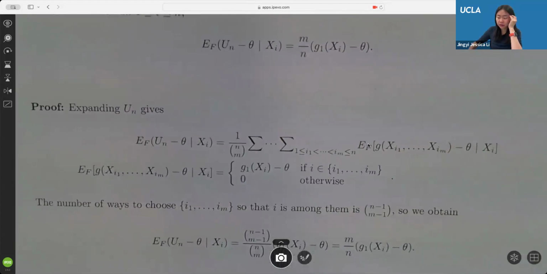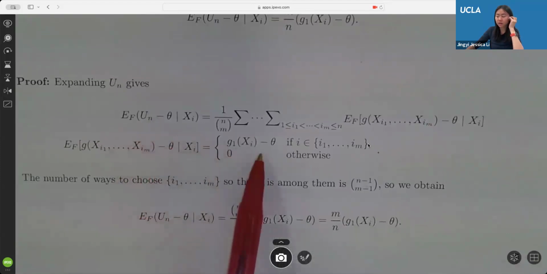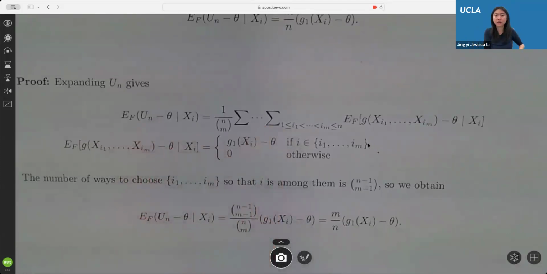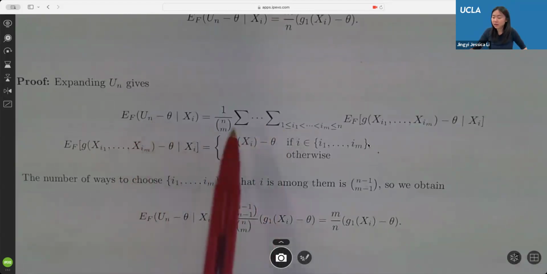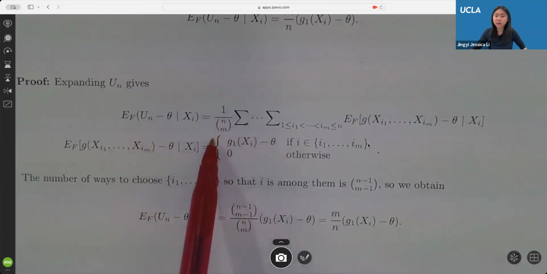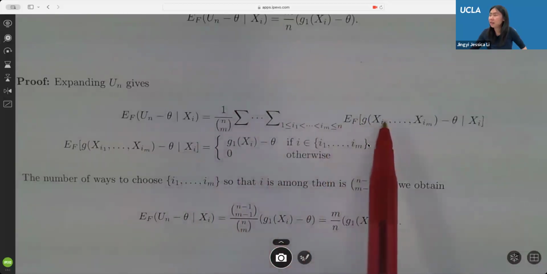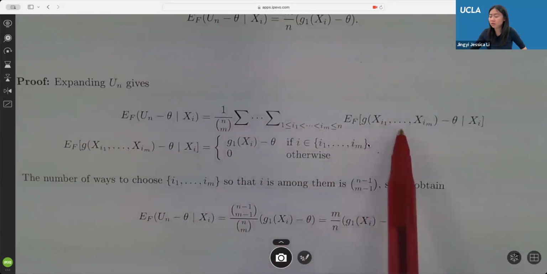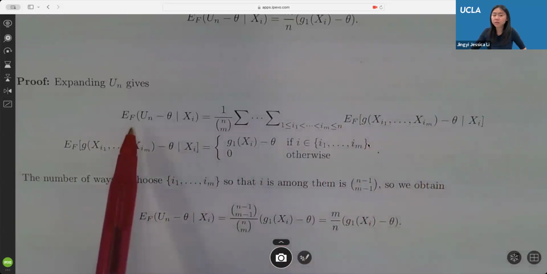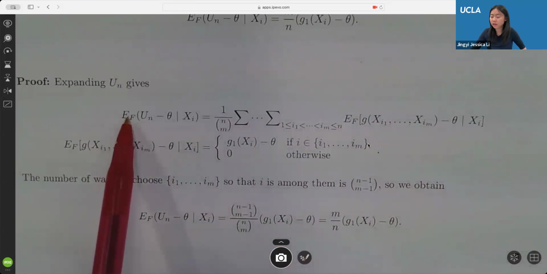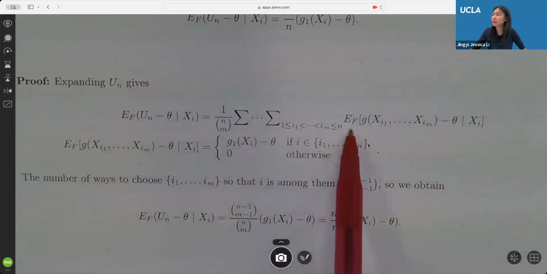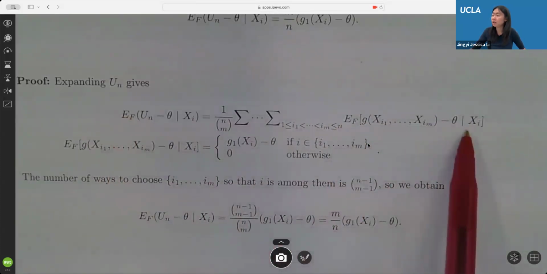So you can expand Un going back to its definition. Essentially, Un is 1 over n choose m times a sum of G at Xi1 to Xim. So what we're doing here is moving the expectation inside the sum, and it's a conditional expectation given Xi.